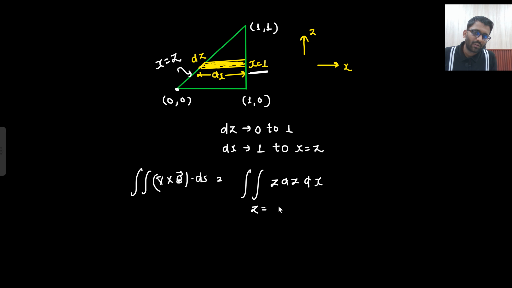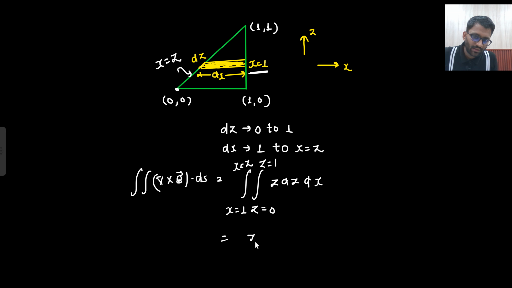So z is changing from 0 to 1, then x is changing from, always the lower limit will be constant, 1 to x equals z. So which limit will you solve first? The x limit you will solve first.